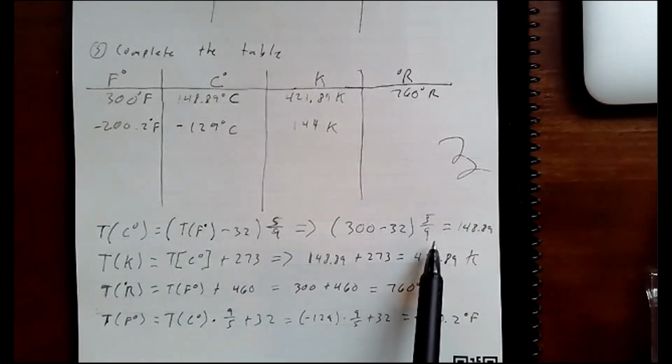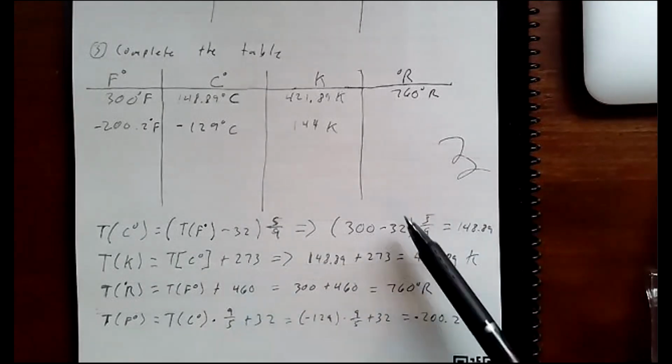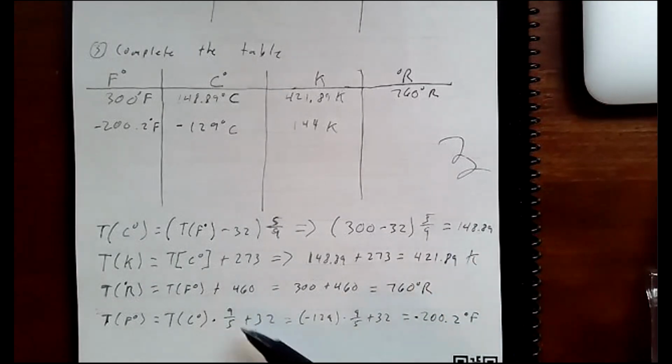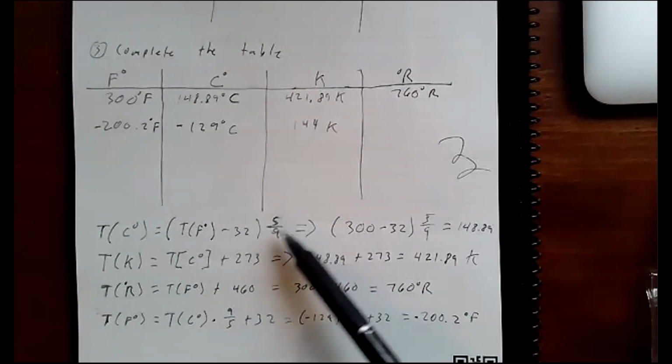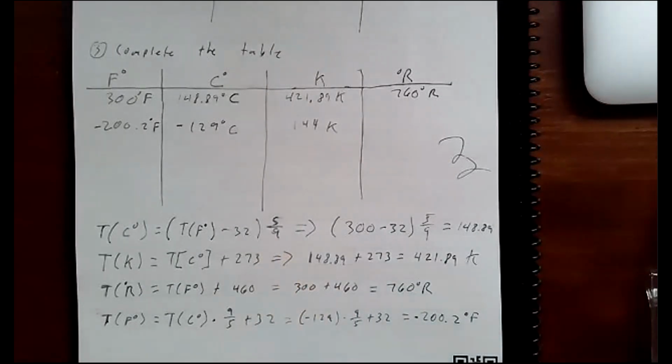This one's 5/9. So this one's good. I think when I wrote the formulas in the notes, I wrote 9 fifths on both by accident. So in your notes, you might have a 9 fifths here on the formula. Anyway, let's move on to something else, unless you guys have questions about the temperature stuff.